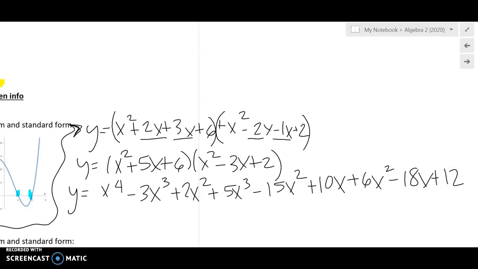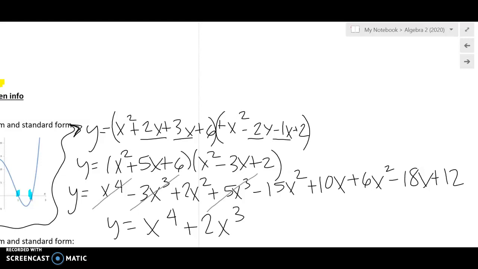I'm going to combine any terms that I see. I'm going to start with descending order, so I'm going to start with x to the 4th. I'm going to cross them off as I go. Then the next one I have is negative 3x to the 3rd and positive 5x to the 3rd. I'll combine those to give me positive 2x to the 3rd. Then I have 2x squared minus 15x squared plus 6x squared. 2x squared minus 15x squared is negative 13x squared.